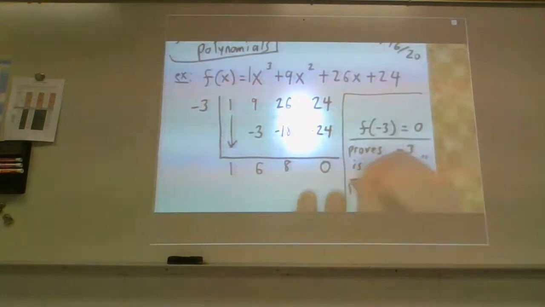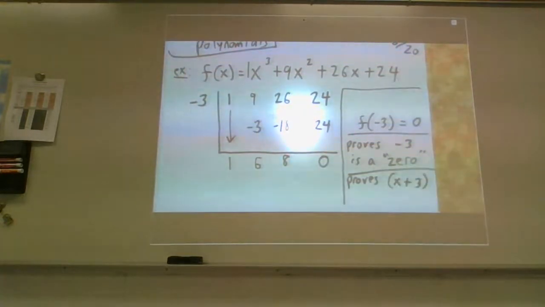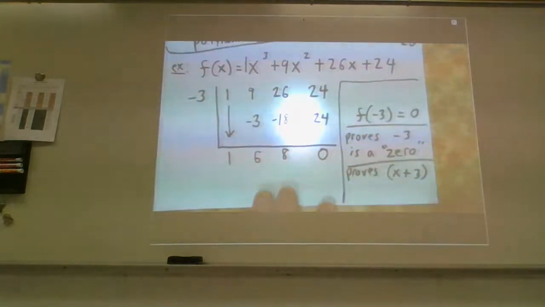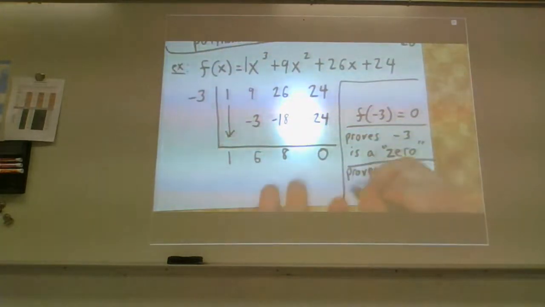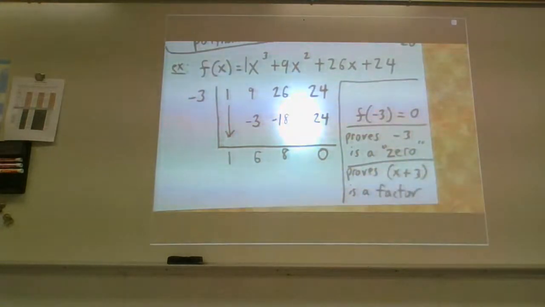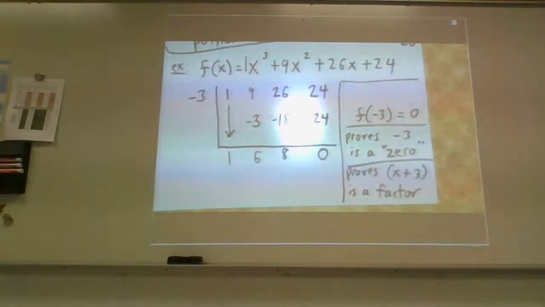It also proves that x plus 3, notice the emphasis on plus because it would be x minus -3, is a factor. All of this information here is unbelievably important.